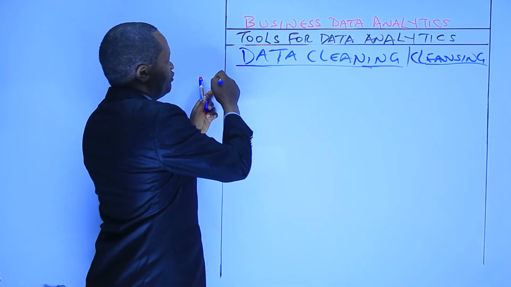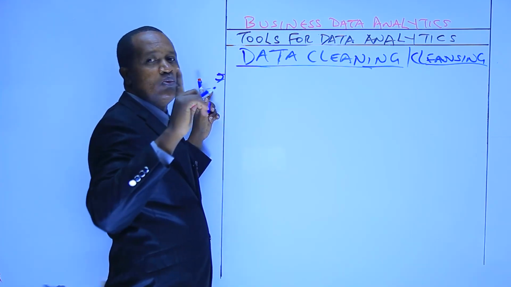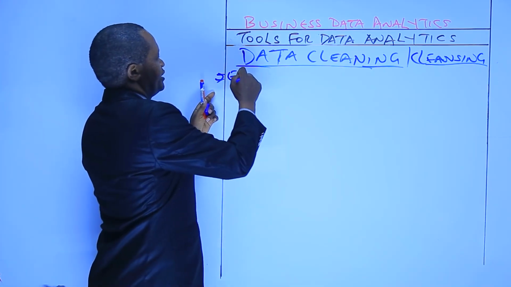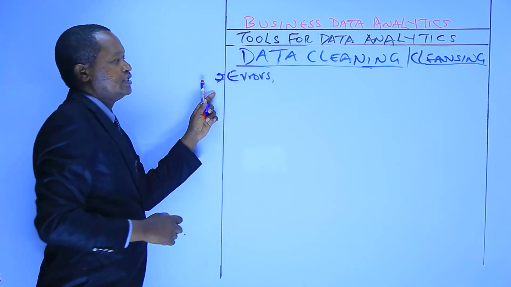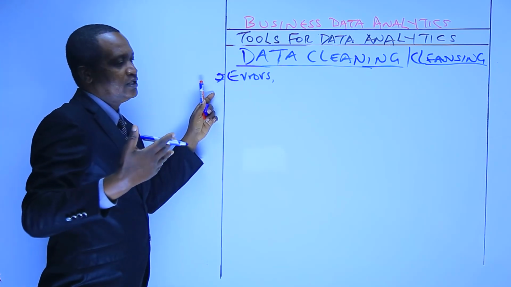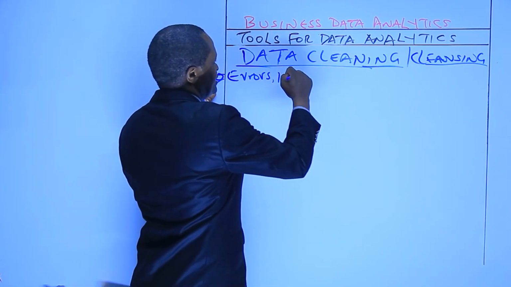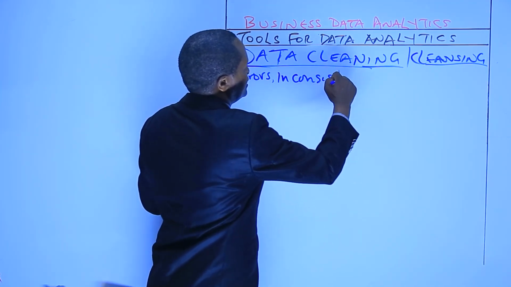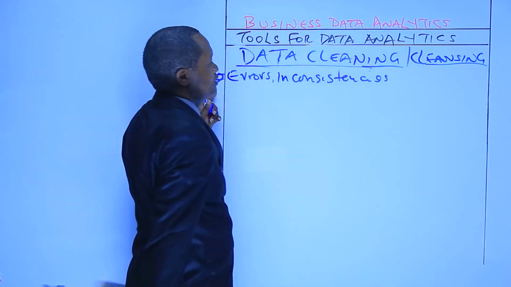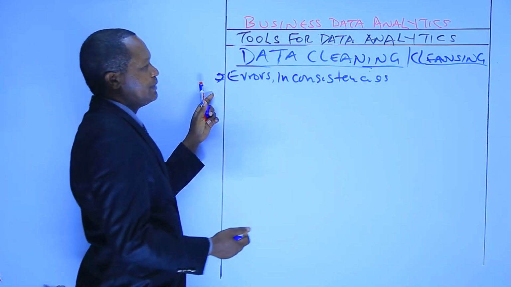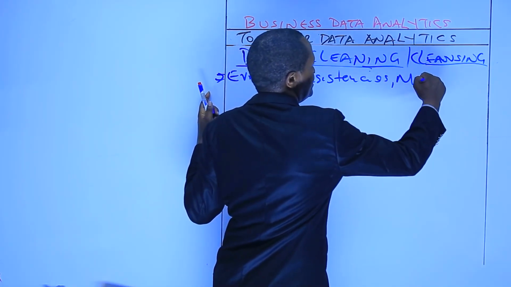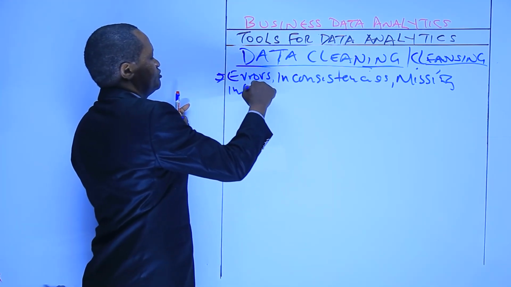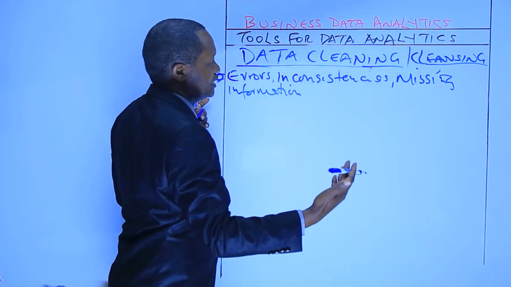So it is the process of removing errors. It may also involve doing away with inconsistencies. Sometimes it could be dealing with the missing figures, missing information, where data is not complete.